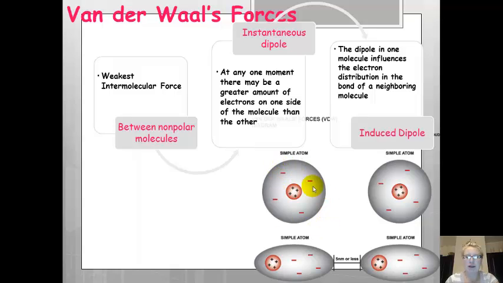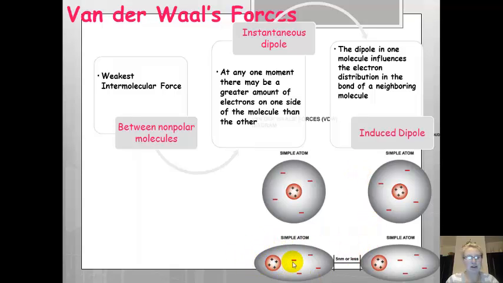If you think about an atom, at any one time there could be more electrons on one side than the other, which creates what we call an instantaneous dipole, where this side has a partially negative charge and this side is partially positive just for a second. If another atom comes near, these negatives will repel the electrons in the second atom, which also creates a dipole in this atom, called an induced dipole.